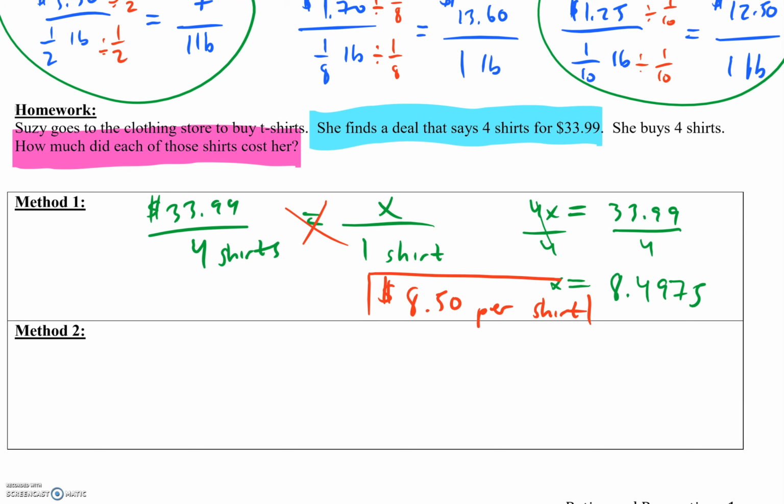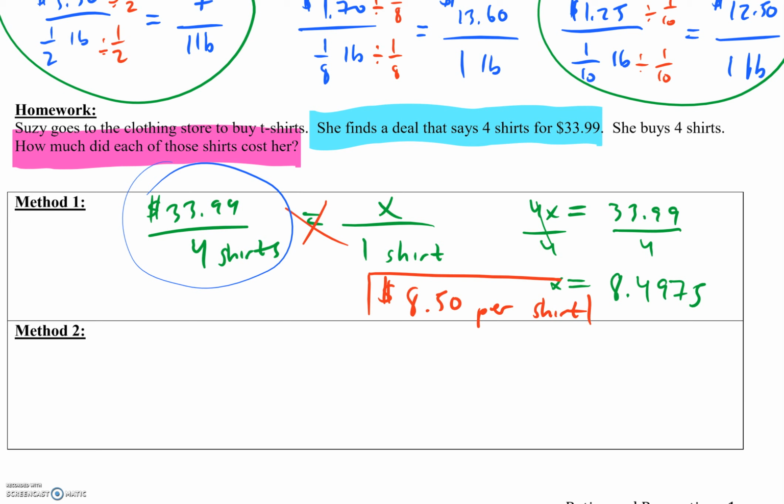Another method is to simply go back to your unit rate rules. You create a ratio and divide the top and bottom by 4. So we could have used this ratio that we started with and divided the numerator and denominator by 4. However, for method 2, I mean, there's many other methods, but in method 2, I want to show how to put it in a table.